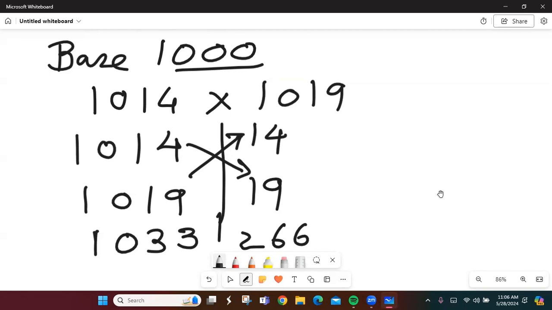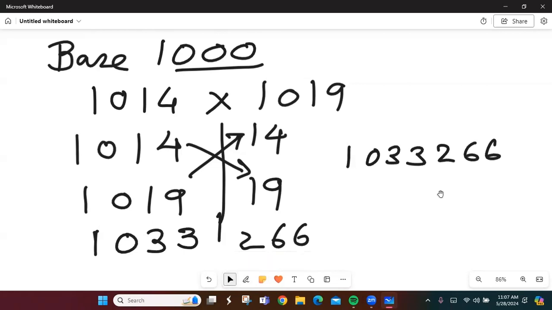So there won't be any carry forward. So the final answer will be 1033266. And you can very well check that. So this is how you can multiply two numbers which are greater than 1000 using base 1000.